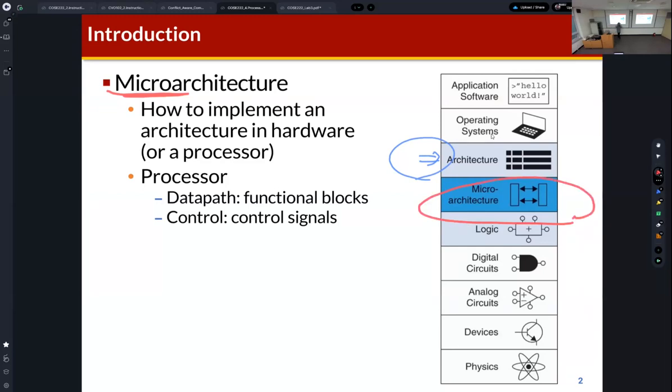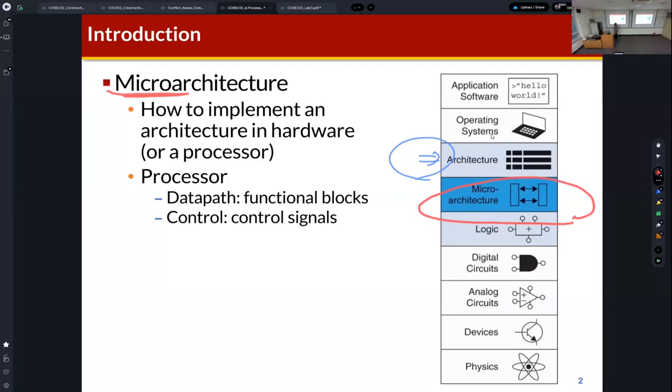The level also goes lower, lower than the assembly instructions or machine instructions. So it may be more difficult because, as I mentioned, we are not familiar with this low-level world, the hardware world.